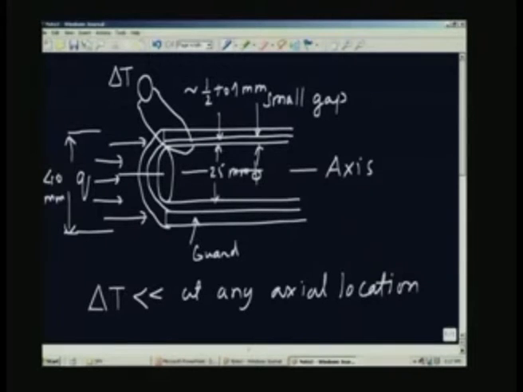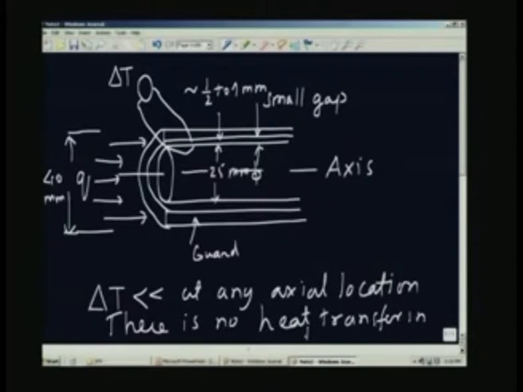Because the two are surrounding each other, the guard will have a temperature profile which is more or less similar to the temperature profile within the main probe, and therefore, there is no heat transfer. If delta T is small, there is no heat transfer in the lateral direction, in the radial direction.